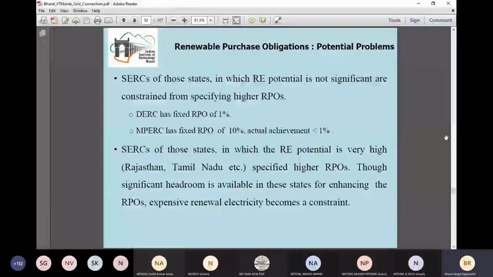Now coming to another topic related to the regulatory framework, known as renewable purchase obligations. As I mentioned, RPOs are the requirements set by the State Electricity Regulatory Commission in the respective states, so that this is the minimum amount of energy that needs to be consumed in a state. For example, the Delhi Electricity Regulatory Commission has given an RPO of 1% and MP has given 10%.